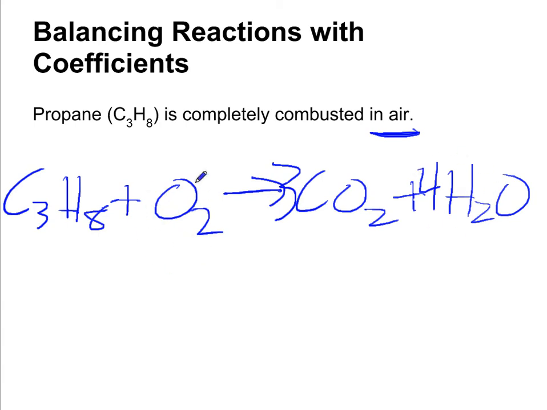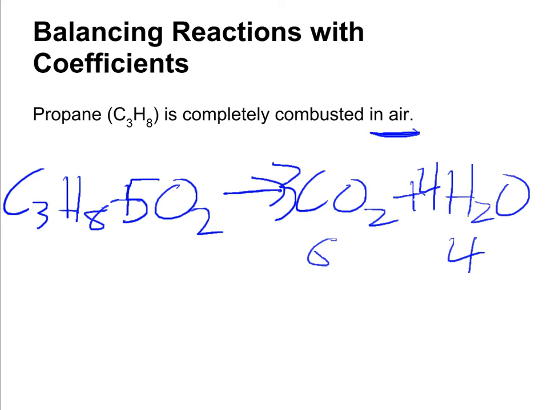Now we've got 2 oxygens on the reactant side. Let's look on the product side. We got 3 times 2, that's 6 oxygens from carbon dioxide, and 4 times 1, that's 4 oxygens from water. We add these together, we're looking at the total number of oxygens. 6 plus 4 is 10. We can get 10 by throwing a 5 right there.